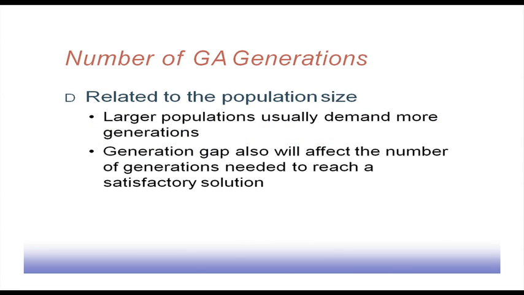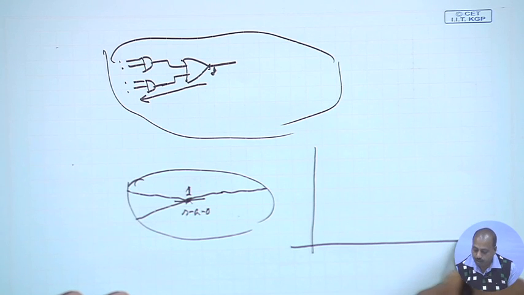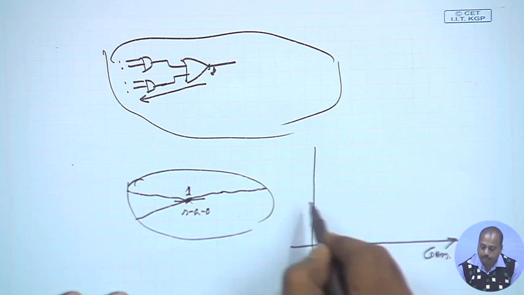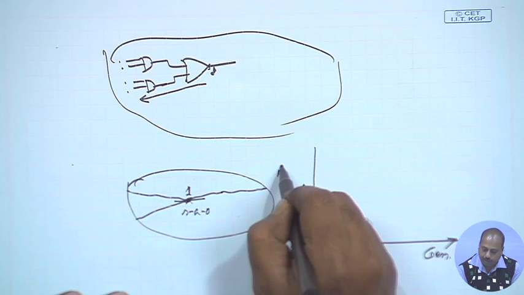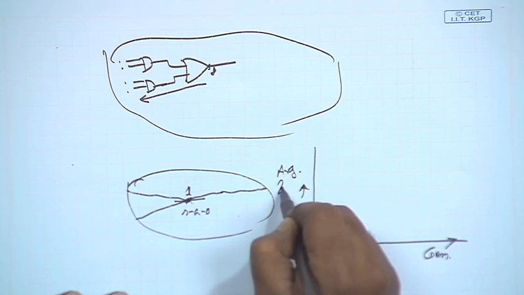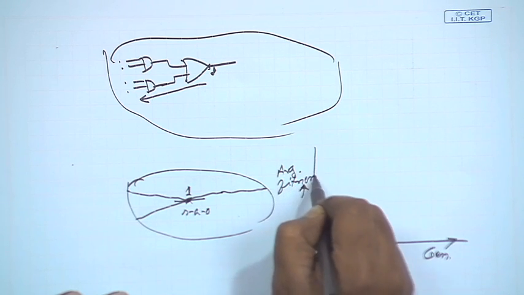How many generations do we run a GA? Again it is related to population size. The larger the population, the more generations it will demand. If you look into the operation of any genetic algorithm, on this side we have the generations, and on this side we plot the best fitness or average fitness of individuals.